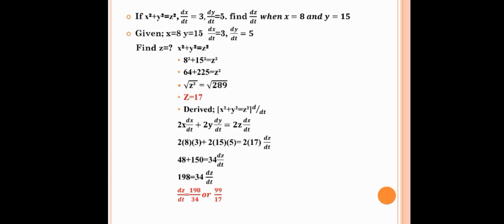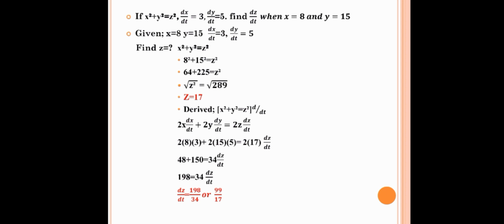So we now have the value of dz over dt, which is equal to 198 over 34, or just equal to 99 over 17. This is the value of our dz over dt.